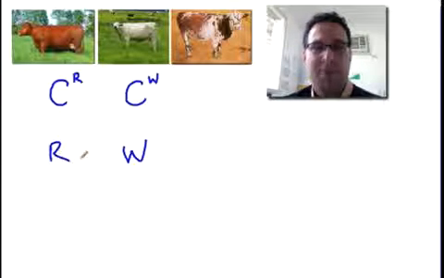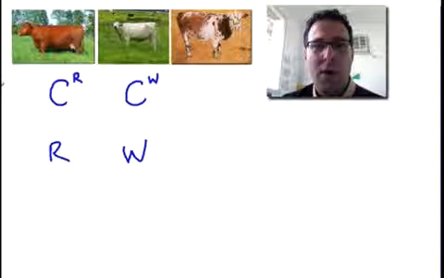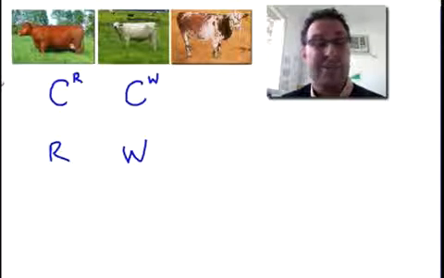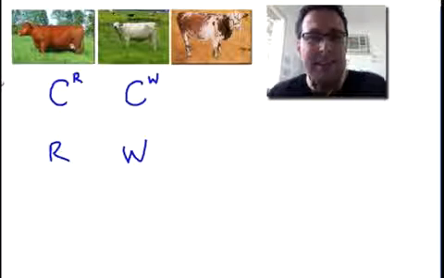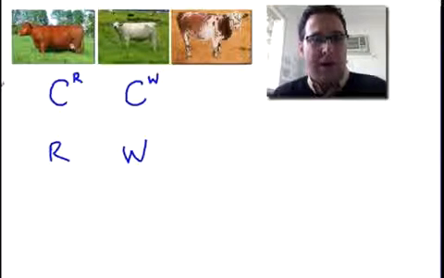Well, the reason is because it's just a convention. It's a notation convention that we always use a capital letter for the allele for the dominant trait and a lowercase letter of the same letter for the allele for the recessive trait. It makes it less confusing when we start looking at several genes at once, because if we had R and W and then another gene involved as well, maybe a P and a Q, it just starts getting confusing.